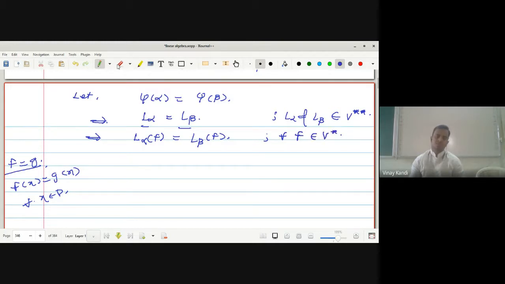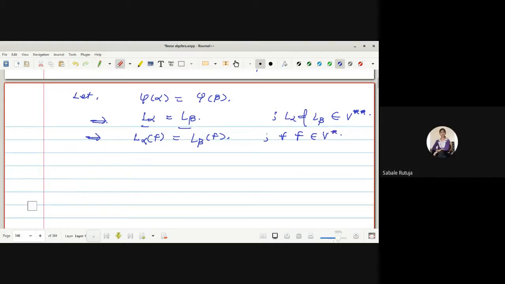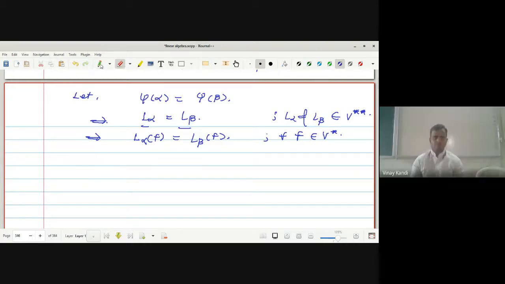Is it correct? Yes, sir. By the definition of L alpha of f, what do we have? L alpha of f is f of alpha. L beta of f is nothing but f of beta.